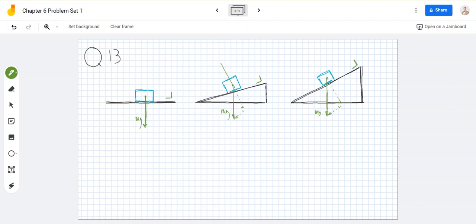And this one is the normal force also. Normal, normal, normal. And it's not moving. So here there's no friction at all. Here there's a little bit of friction to balance that out. And here, since this is so much longer, we have a much longer frictional force.